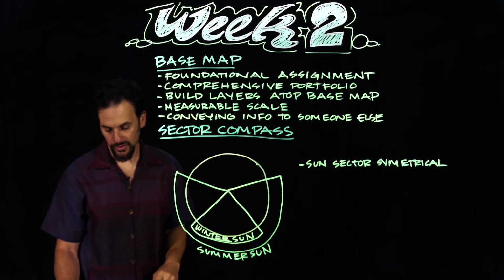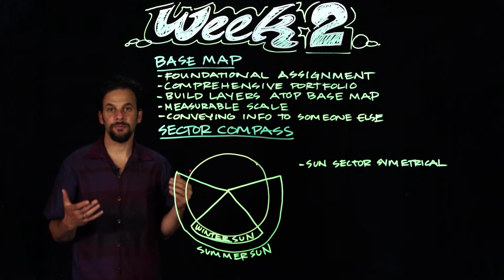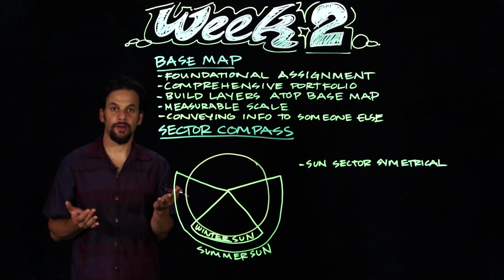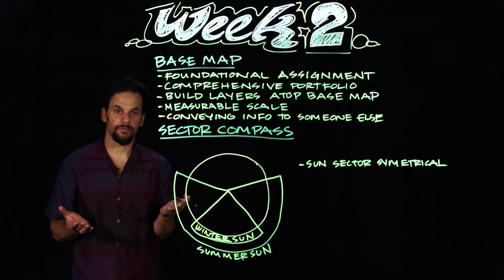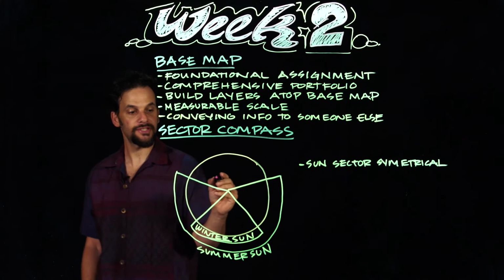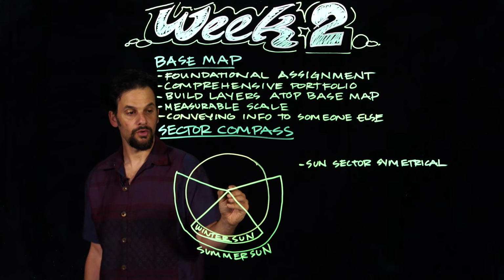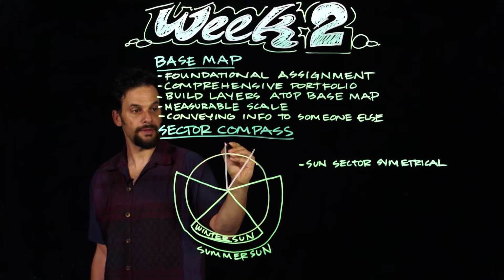Another thing we're asking you to do is to examine the socioeconomic sectors, right? So you may live somewhere like I do, where I literally have what we might call a crime sector.